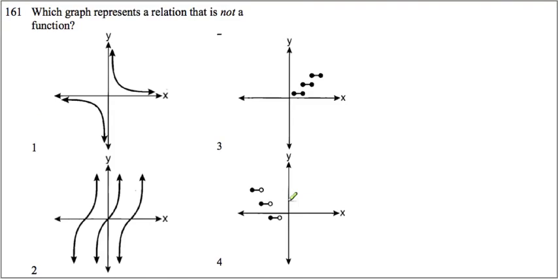Same idea. Which one is not a function? Using the vertical line test. See, it passes the vertical line test all throughout. Even here. Technically, the line is a little bit tilted, but nothing passes through each other, except, how about here? This is quite interesting because you see, there's a closed circle here, but we have an open circle here.